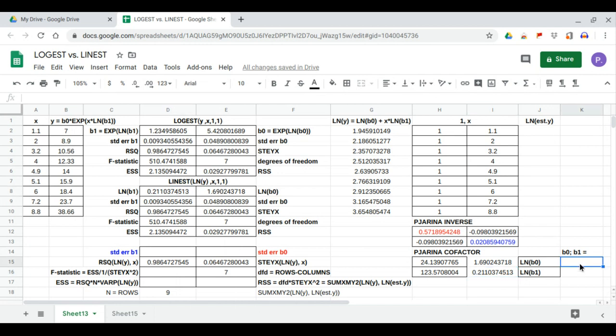We can also calculate for the value of b0 using exponent, and it's 5.42, which matches to b0 of the LOGEST, and b1 is equal to exponent, that's 1.2349, which matches to the b1 of the LOGEST function. Now we can calculate for the estimated ln y hat, which is equal to MMULT of this matrix and the coefficients.